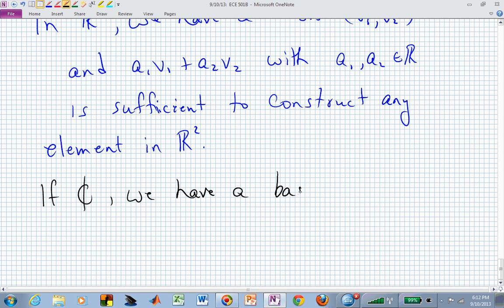However, if we look at what's happening with the complex numbers C, we actually have just one element in that list that is capable of spanning the entire set of complex numbers, and we could call that v1. And v1 could just be 1.